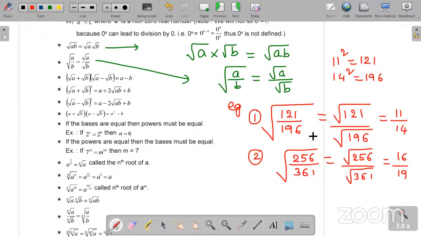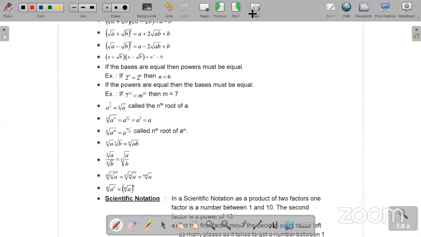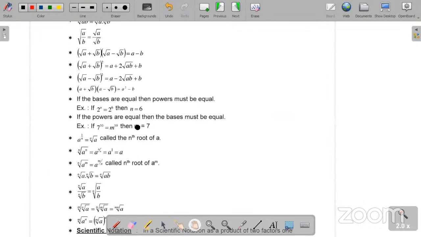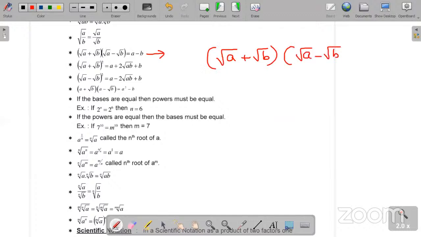So now I move to the next concept. For example, root A plus root B into root A minus root B. What do you get?